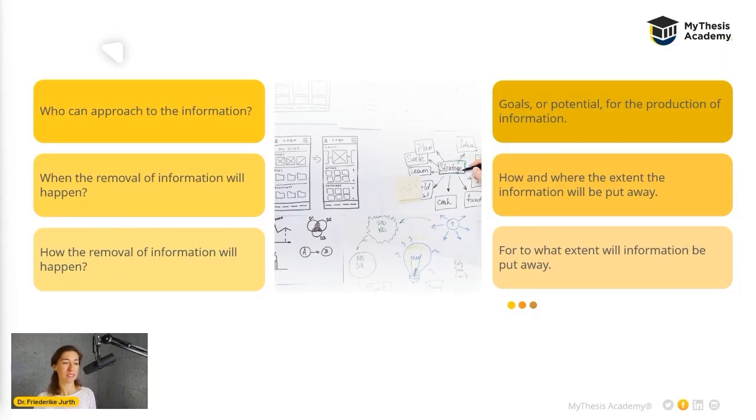And you also need to inform about the removal of information, when this will happen, and also how the removal of information will happen.